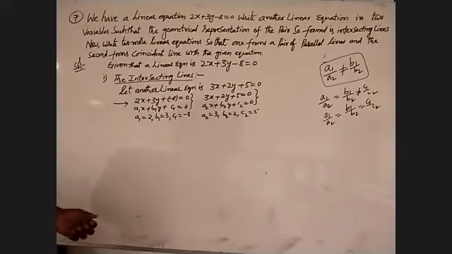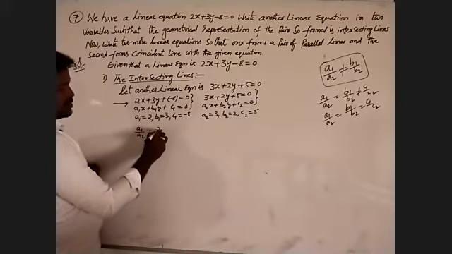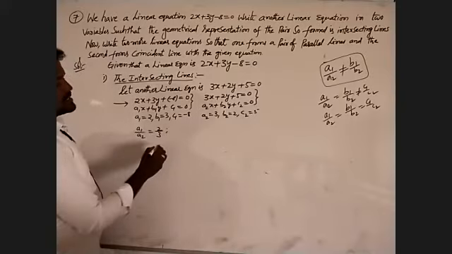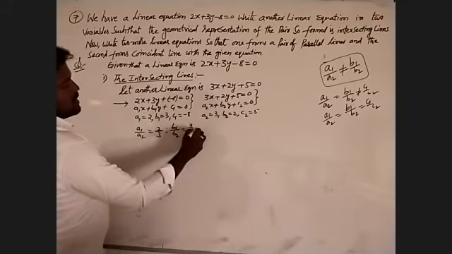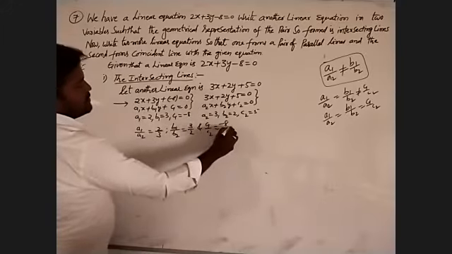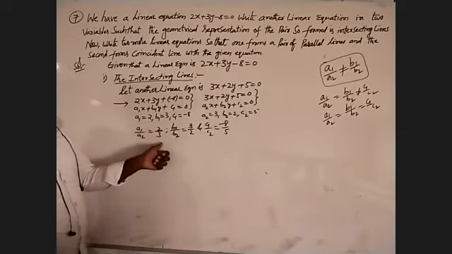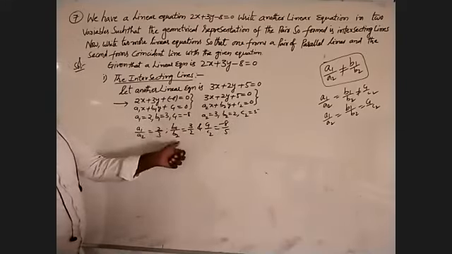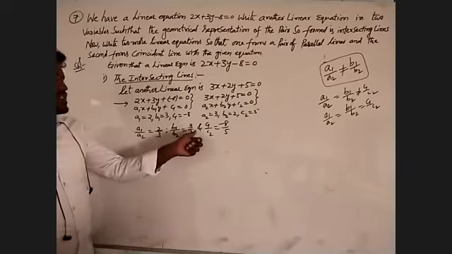We take the coefficients: a1 by a2 is equal to 2 by 3, b1 by b2 is equal to 3 by 2, and c1 by c2 is equal to minus 8 by 5. We observe a1 by a2 is equal to 2 by 3 and b1 by b2 is equal to 3 by 2. 2 by 3 does not equal 3 by 2.